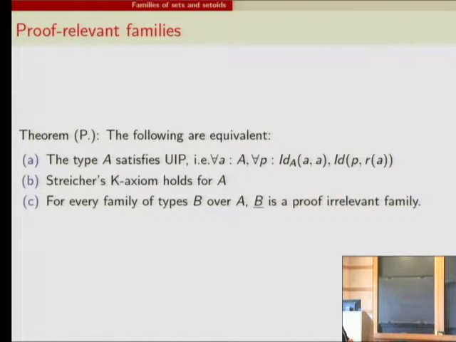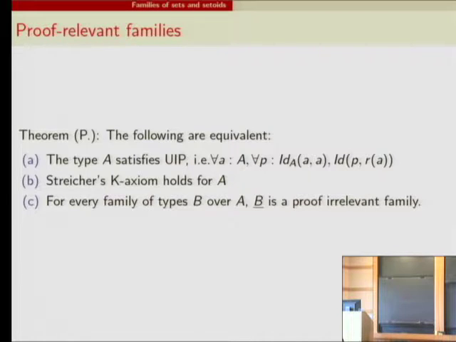If the type satisfies uniqueness of identity proofs, that is, if there is only one proof up to identity, well, that's equivalent to Streicher's axiom K holding for A. And it's also equivalent to saying that for any family over A, this B that I described will be proof irrelevant. So it tells us that this doesn't work very often. We know that UIP fails in general.